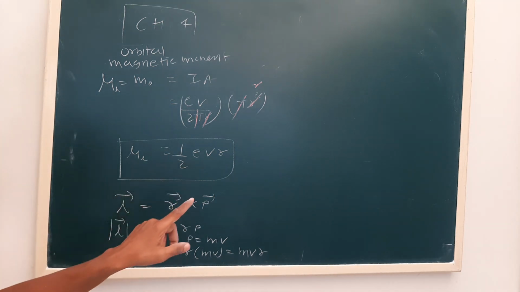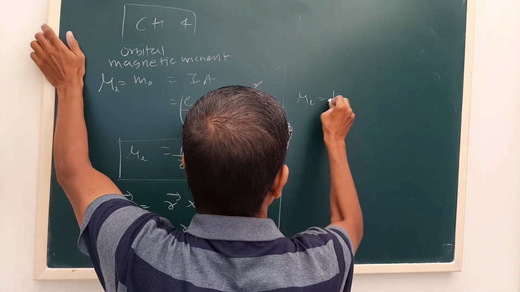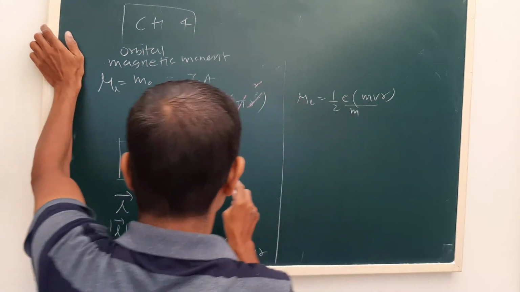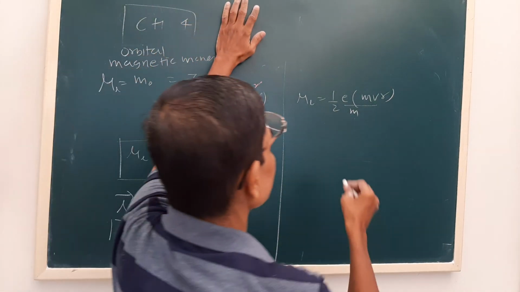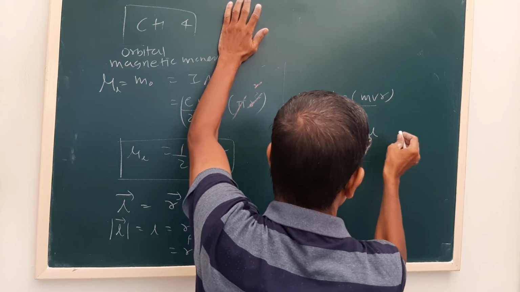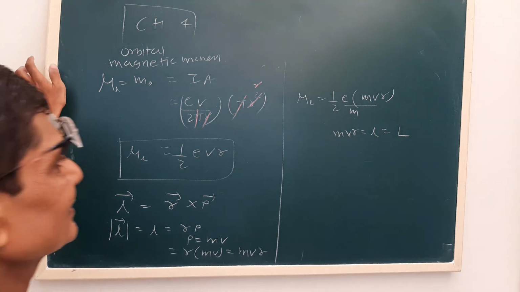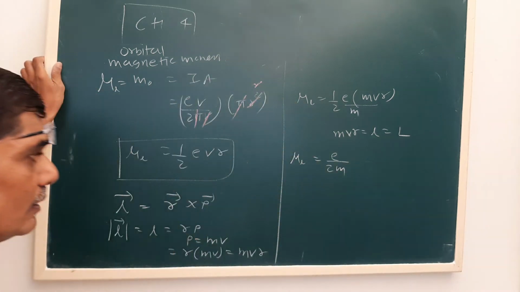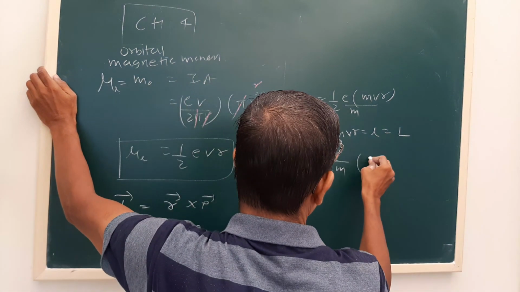Now here we have the equation mu_L is 1 by 2 evr. See what I have done: multiply and divide by m. Now this mvr is the angular momentum L. Some books mention capital L also. So our orbital magnetic moment will become e upon 2m into L.